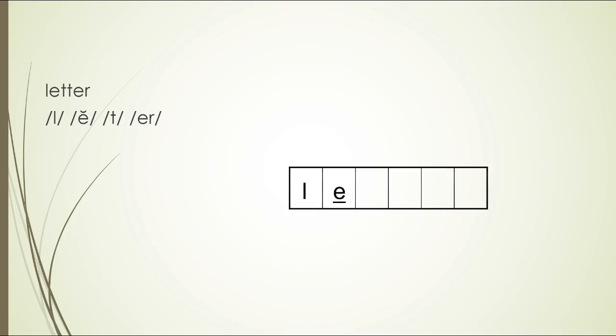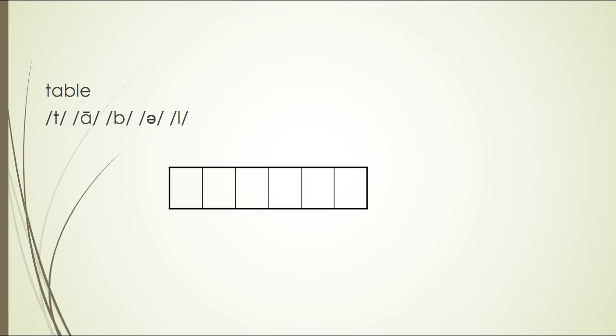So we take the word letter. The swoops represent syllables. We have 2 different syllables in this word, and I'm underlining the E in let. And so that would be how you phoneme-grapheme map letter. And here's table. And we have the swoops as well.